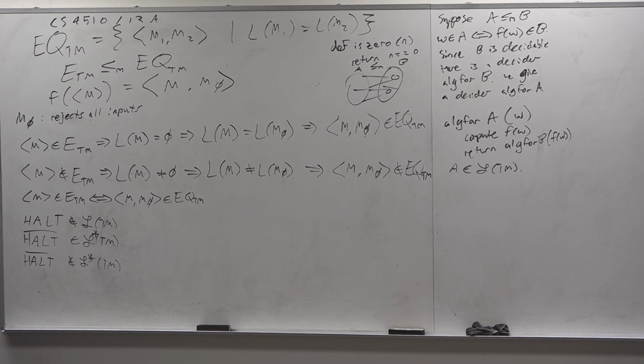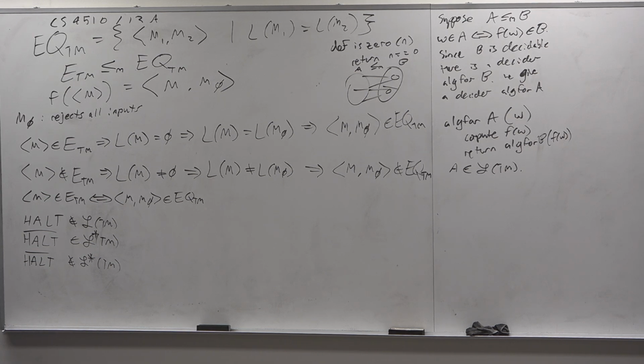So we said a language is recognizable if there is something that accepts the good inputs and rejects or loops on the bad inputs. And we know that there can't both exist a recognizer for halt complement and halt. Both of those cannot be true. Halt complement still is not recognizable, but it is solvable in the sense that its complement is recognizable, because the complement of the complement is just halt.